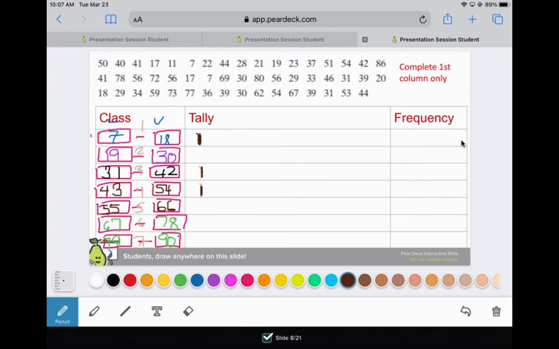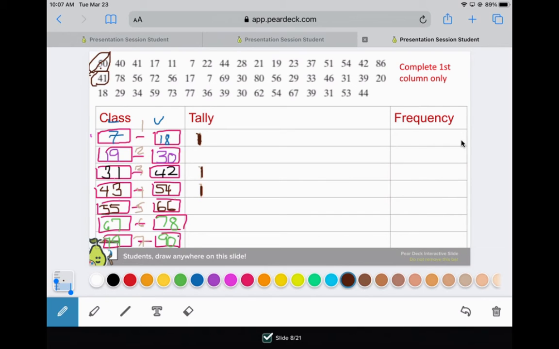Okay. So let's go back to these tallies. I'm going to start with this 50. I'm looking at 50, right? And then I look for each class. 50 falls between 43 and 51. So I'm counting there is 1 number for this class, which is 50. So I count it as 1 tally. I'm not copying out the number. I'm just counting that there's 1 number belonging to this class. And then I move on to the next number, which is 41.